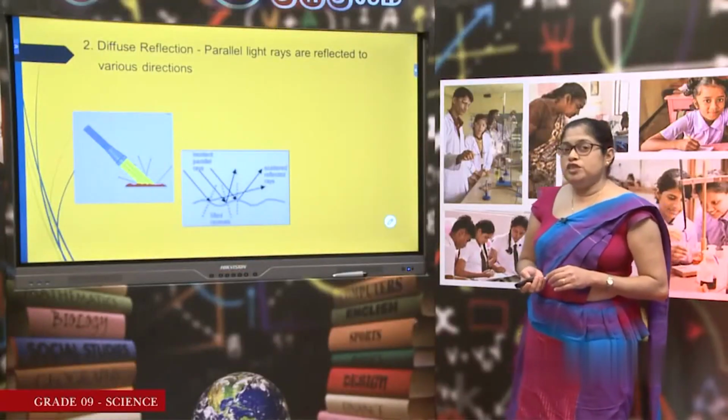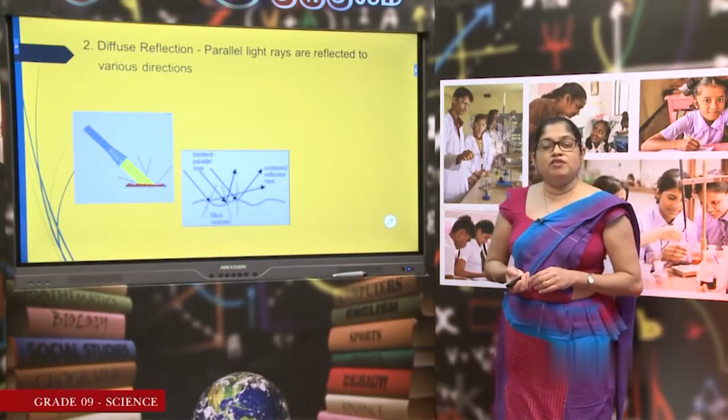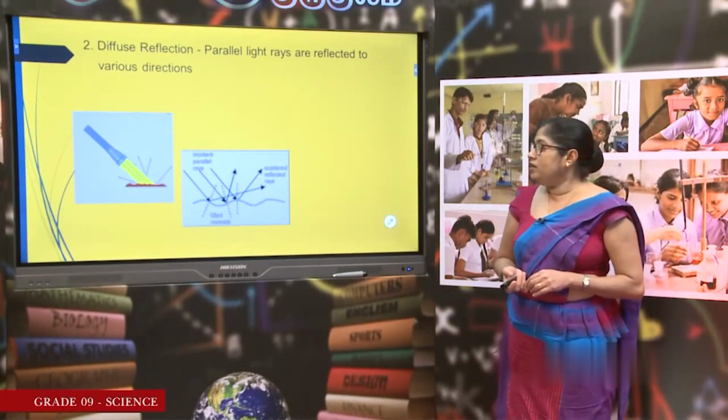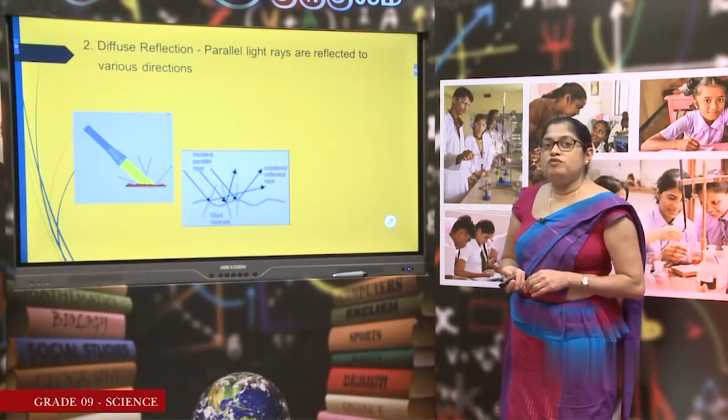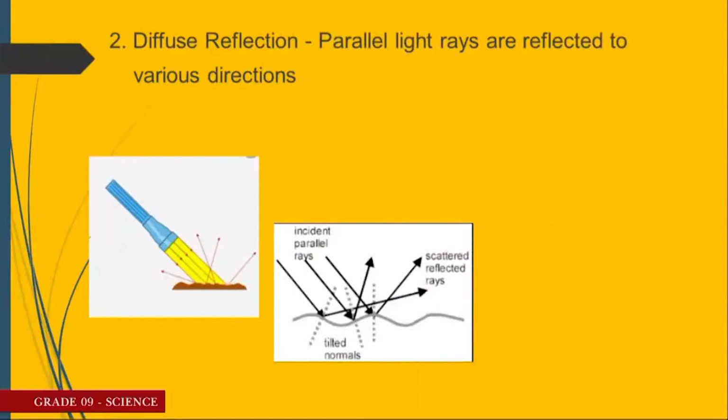The direction in which these rays are reflected depends on the point where they fall. All these rays follow the law of reflection, so you can see these light rays are reflected into various directions according to the law of reflection.